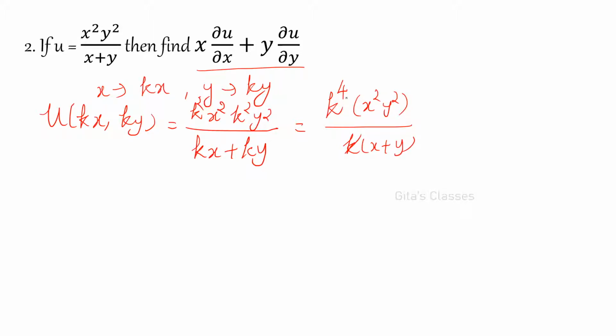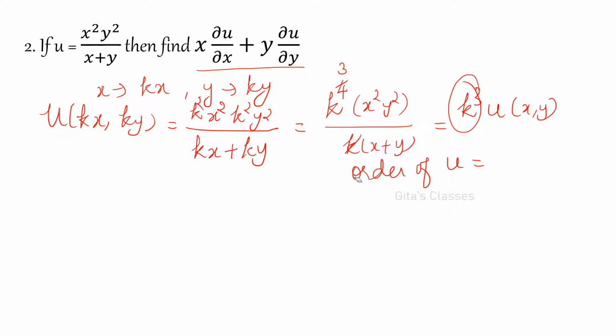This k and k power 4 will get cancelled, you will get k power 3. So k cube into, what is this, x squared y squared by x plus y? It is u of x comma y, right? So k cube into u of x comma y. Therefore the degree of u is 3, right?